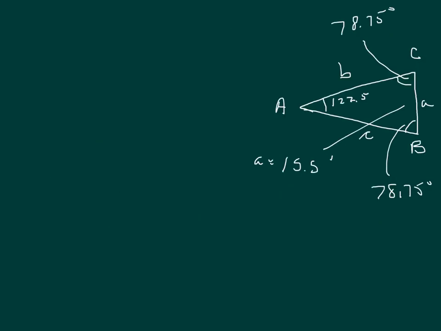Now we've redrawn the triangle. Mark the angles we discovered, and side A is 15.5 feet. So let's solve for either little b or little c.